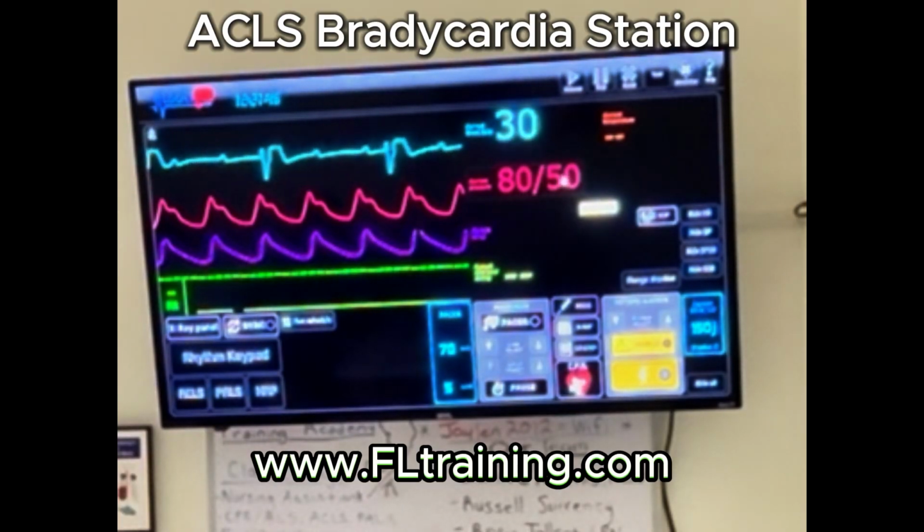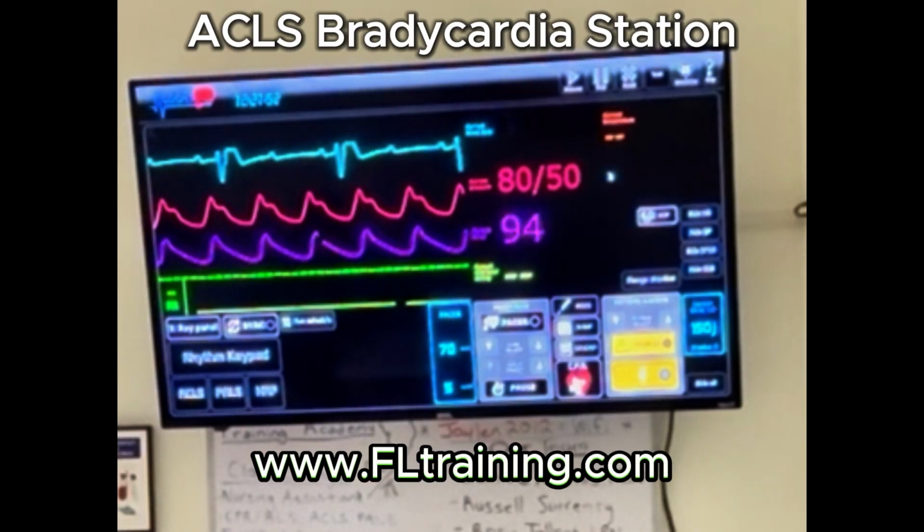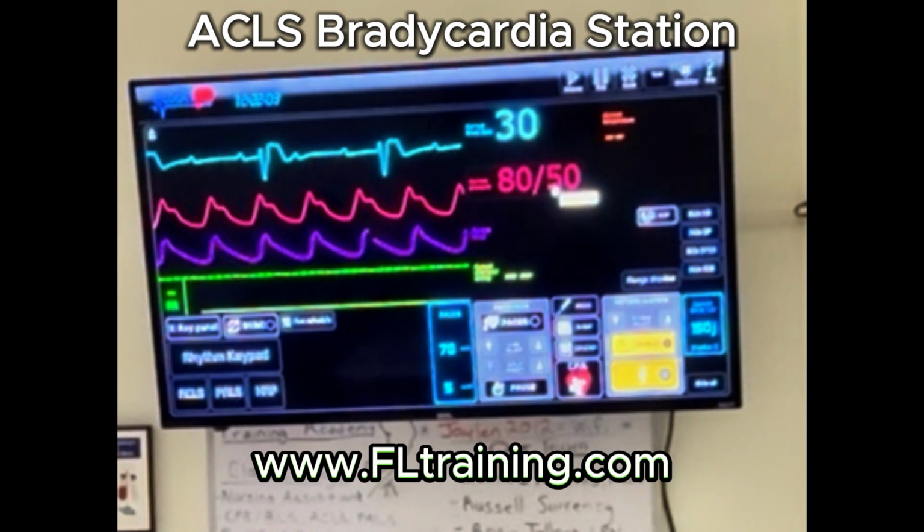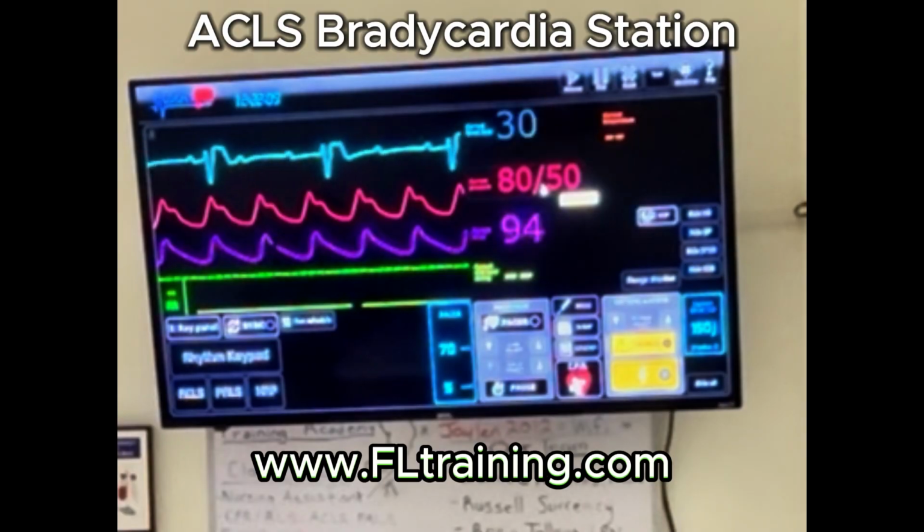But what else do we give in a hospital setting to improve the blood pressure? Beta blockers. Dopamine. Go with the least invasive and the cheapest option. Before we give a medication to raise the blood pressure, let's start off with some fluids.